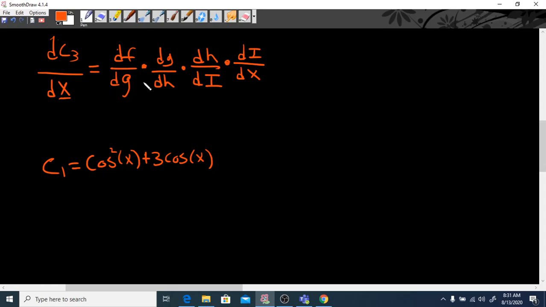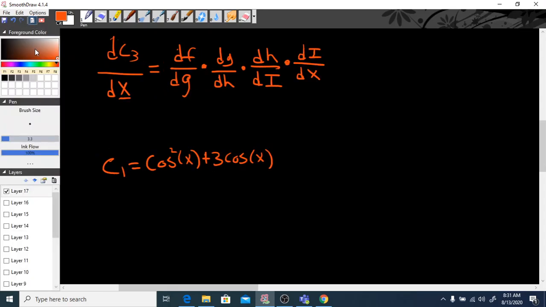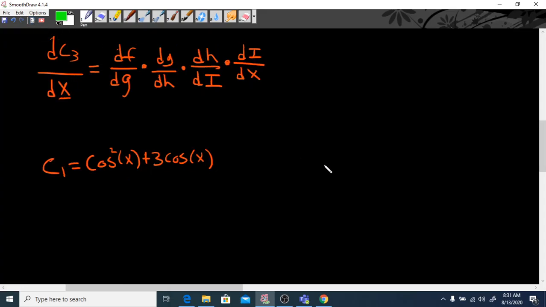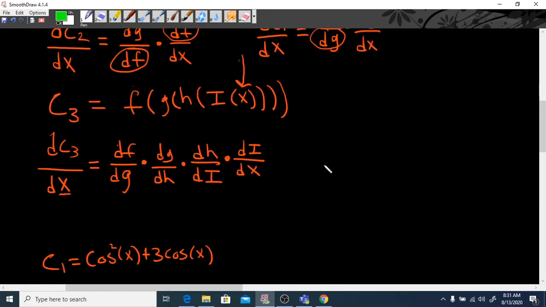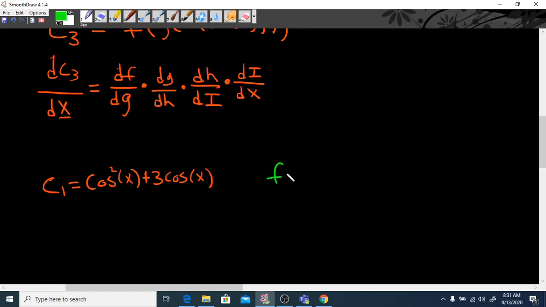Now, what I'm also going to do, because I'm really trying to make this thing make sense, is write down each piece again. Okay, so we had f and g. f was x squared plus 3x. And g was just cosine of x.